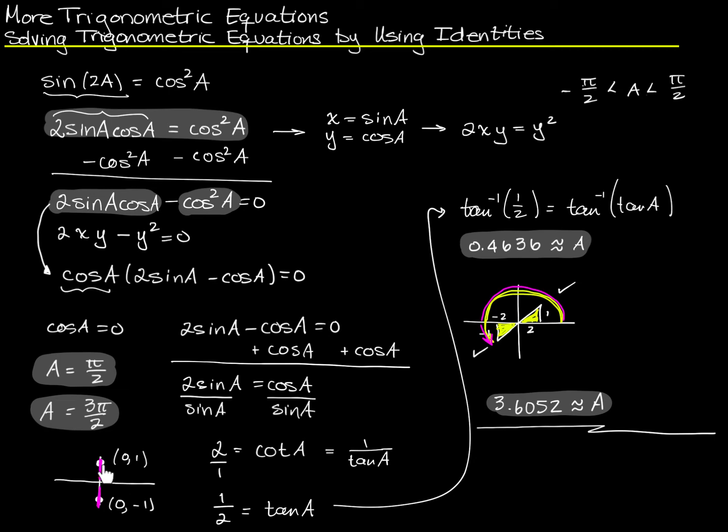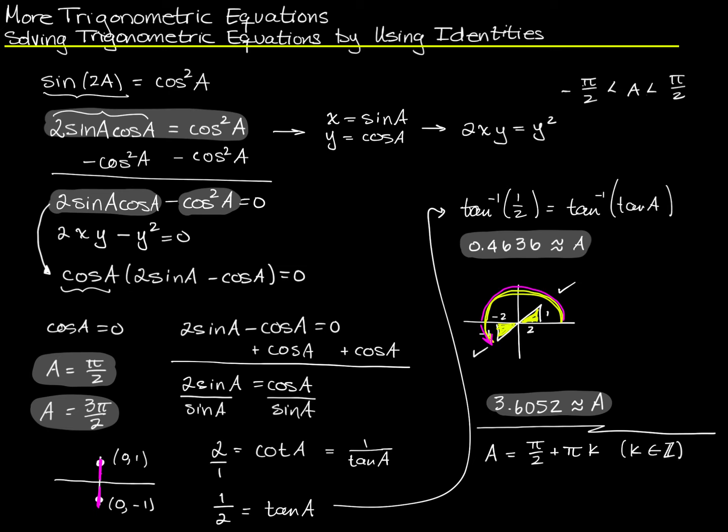I have one solution there at pi over 2. The next one is add pi, and I get to the next one. Add another pi, and I get to the next one. Add another pi, and so on. So I can write this as A equals pi over 2 plus 2 pi k, and A equals 3 pi over 2 plus 2 pi k, or I can just write it as A equals pi over 2 plus pi k, where k is an integer.